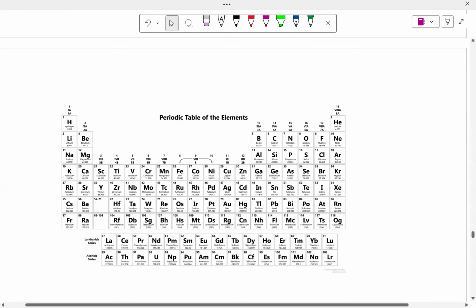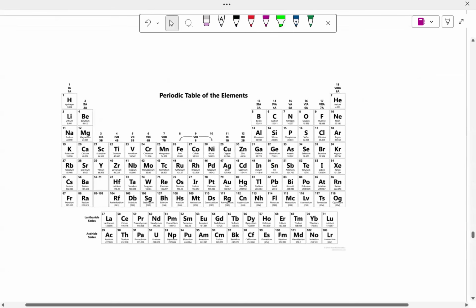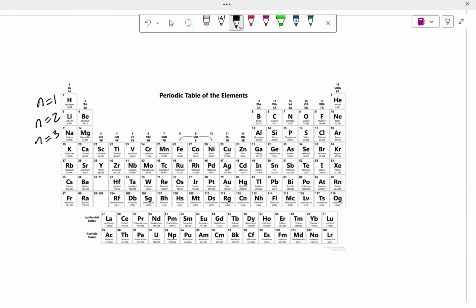Now, let's put this all together. So we said the row tells you the principal quantum number, or I should say the highest energy level. And then we organize them into blocks.